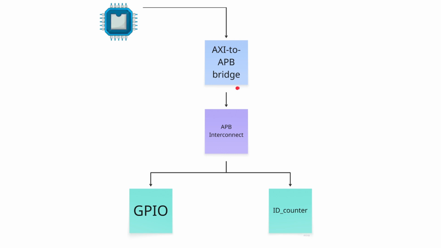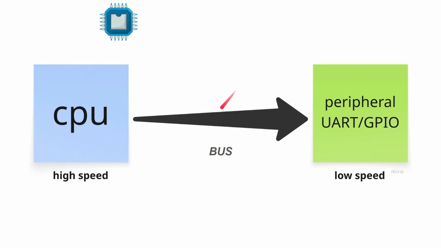AXI is a high-speed bus protocol. For example, CPUs run at a higher speed, like 50 megahertz or 100 megahertz, and actual Intel chips work at gigahertz speeds. But peripherals like a GPIO turning on an LED, a timer, or anything like that take multiple cycles to complete their task, so they are considered low speed peripherals.